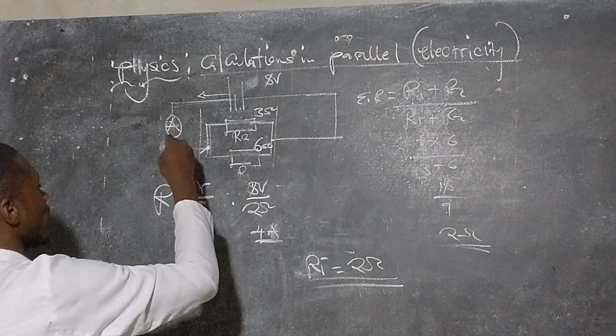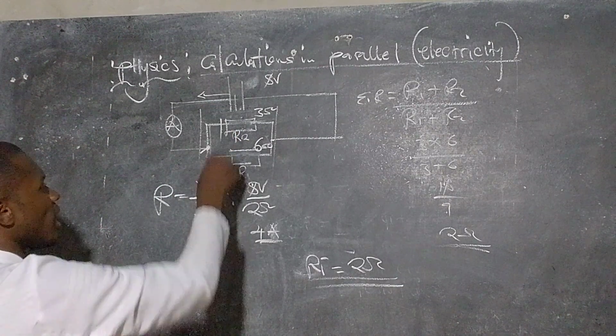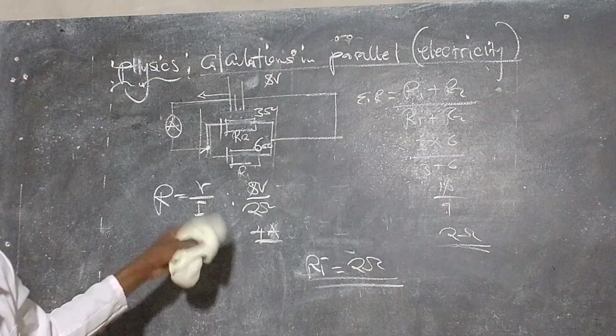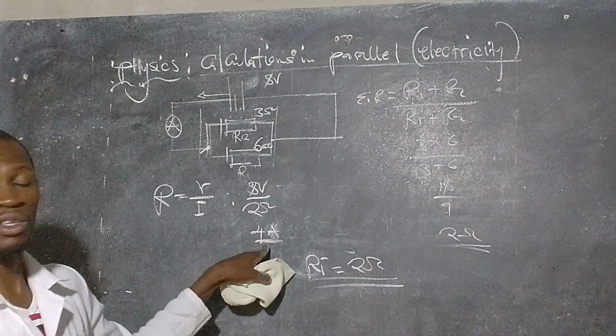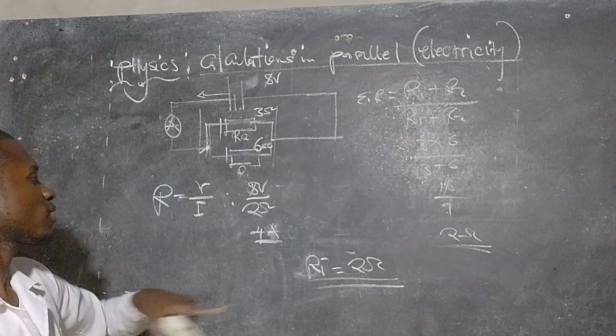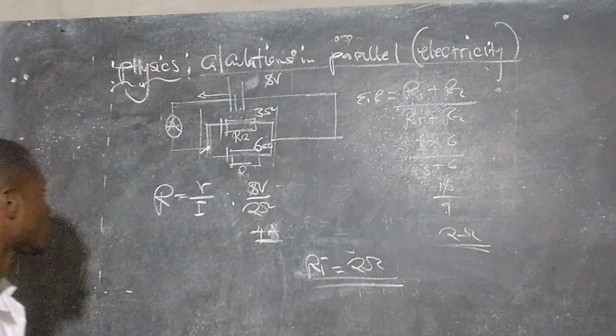Therefore, we will look at how much current was passing here and how much current was passing there. So we cannot predict to say, since we have 4 as the total current, that here it can pass 4 or it can pass 1 or 3. No, we need to do the calculations.